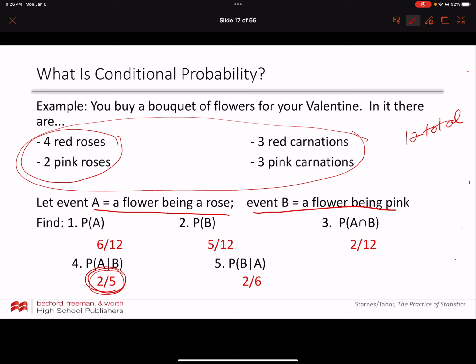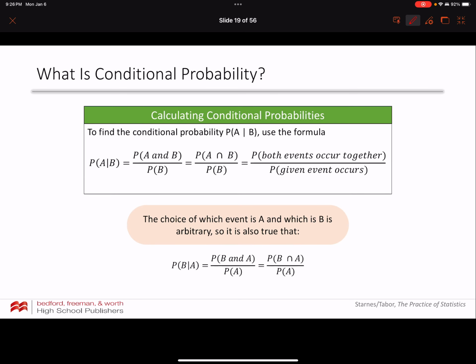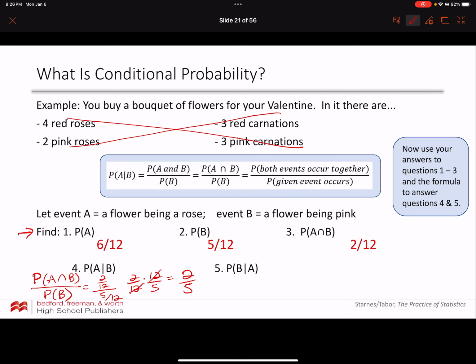So my point is, it doesn't matter if I use the sample space to calculate a conditional probability or if I use this formula. I can use whatever I'm given to calculate these probabilities. And then number 5, the probability of B given A would be the probability of B and A over the probability of A now, right? The probability of B and A is still 2 out of 12. The probability of A now was 6 out of 12, right? And again, I am not looking up here at all.